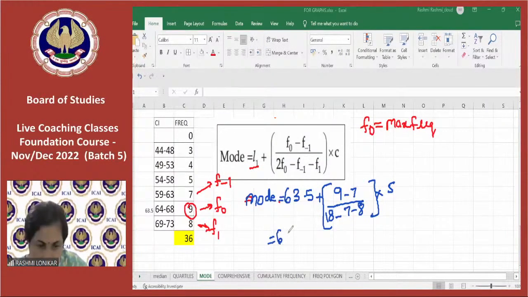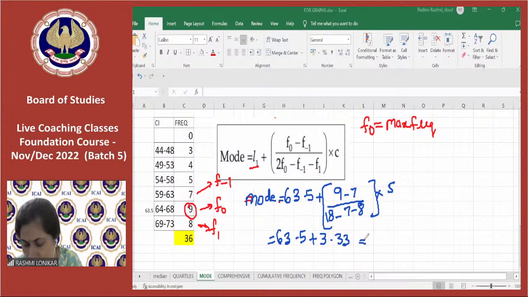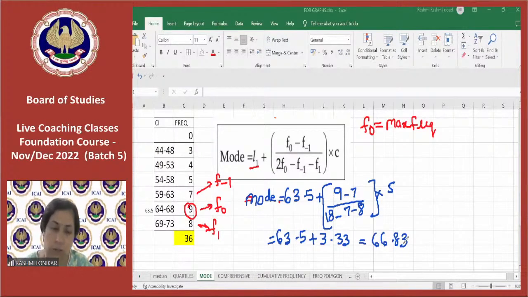So this is 63.5 plus 9 minus 7 is 2, 2 upon 18 minus 15, 3. 2 into 5 divided by 3. So this is equal to 63.5 plus 3.33, 66.83 will be the answer.